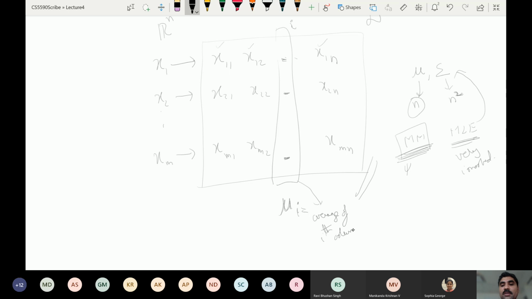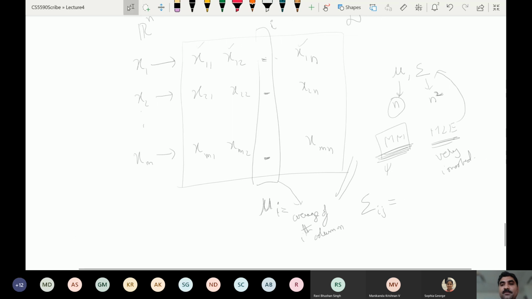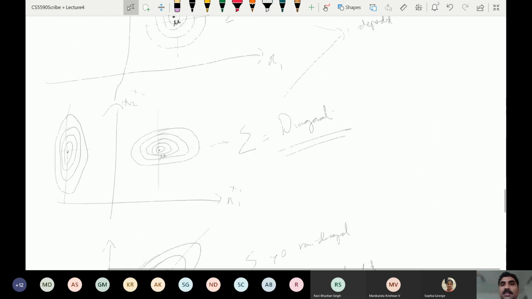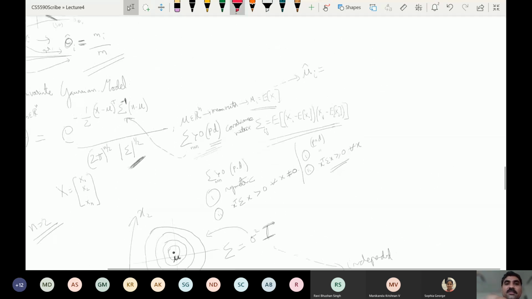Very good. Now, how will you get the estimate of sigma ij? Anybody? So how will you guess? You should guess based on the definitions, right? So what are the definitions?